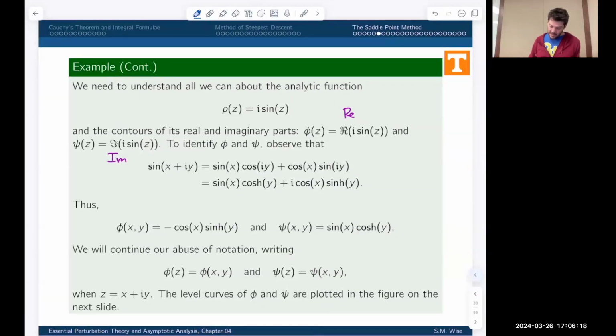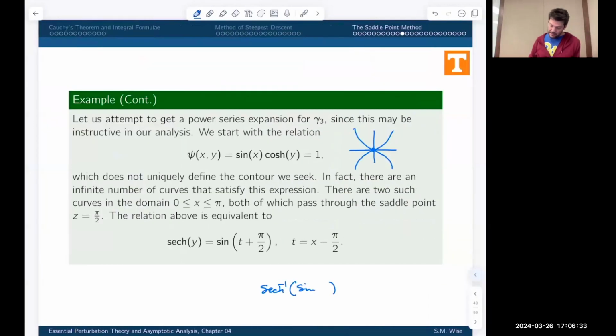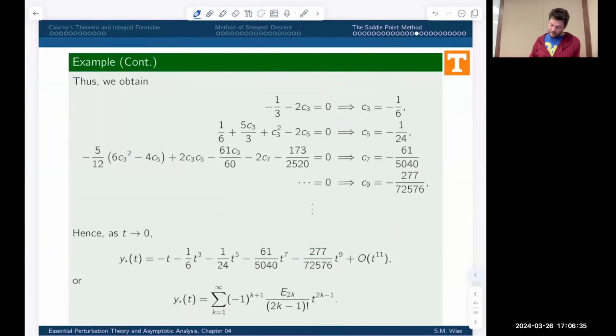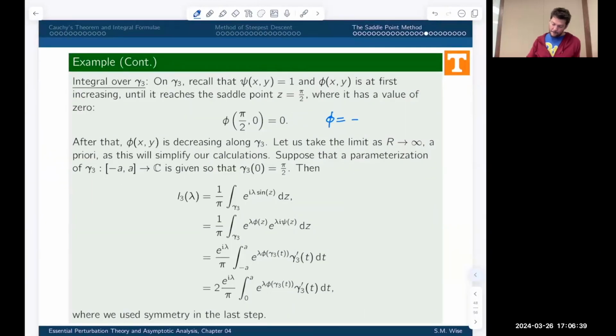Minus cosine x sinh y. So sinh of y is 0. When I put in y equals 0, I get 0. Okay, so that's okay. This should be 0. All right, then it's decreasing along gamma 3 after I pass through the saddle point.